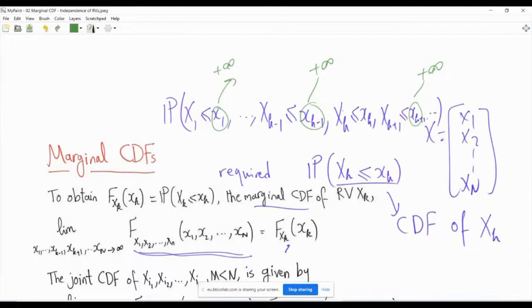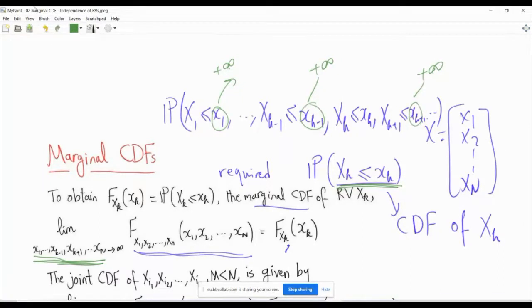The event that X1 is less than or equal to plus infinity is a sure event, right? So if you take the limit of every argument except small xk going to plus infinity, what you end up with is the probability that big Xk is less than or equal to small xk.